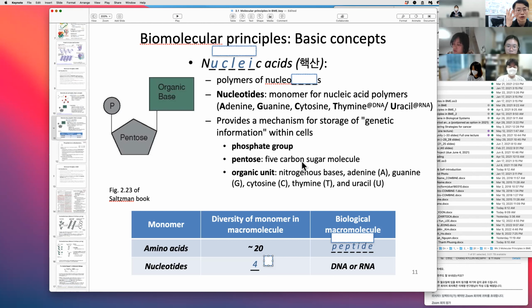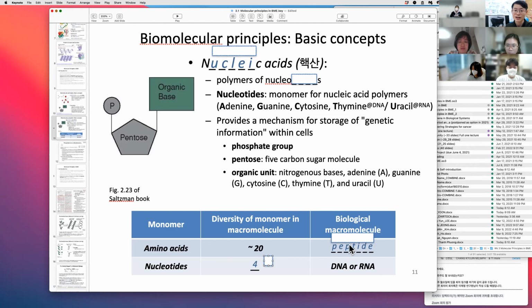Out of these 4, we combine them together. You learned arithmetic, right? And then we create the vast majority of DNA and RNA, which composes our body's blueprint.